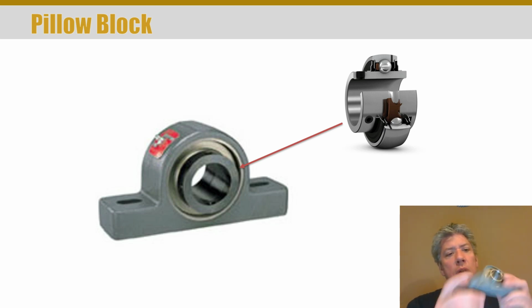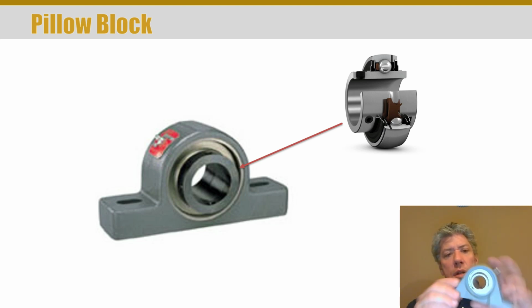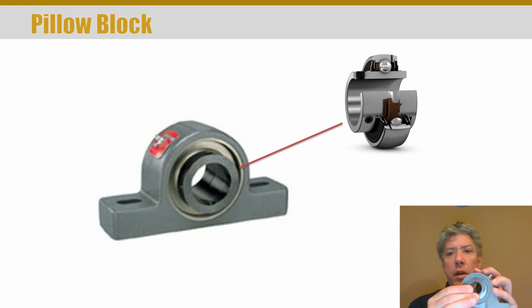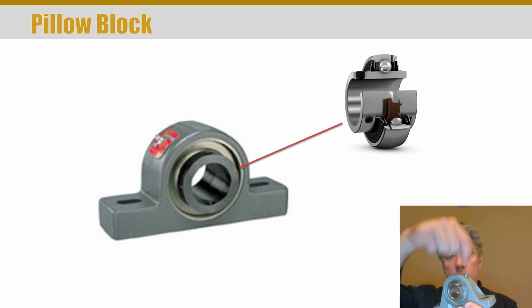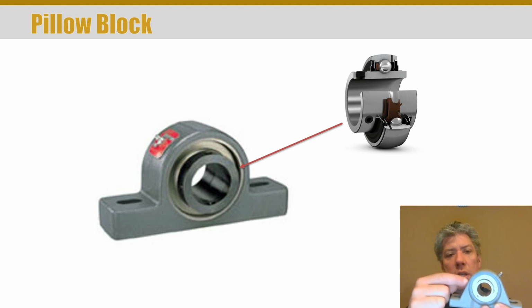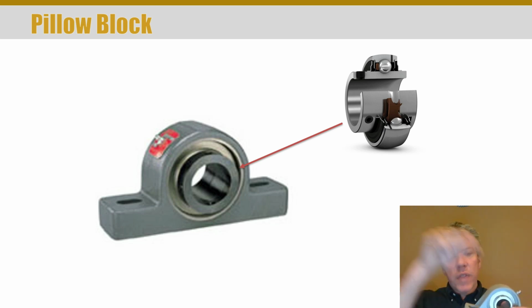Here's an example of a pillow block that is actually made of plastic, and the insert you can see here, and typically there are holes in the outer raceway, which you can kind of see in the picture there, and the grease nipple goes through the housing to access the holes, or hole typically, and especially in a size like this, probably only one hole, in the outer raceway and the outer surface, so that you can get grease down into the bearing.